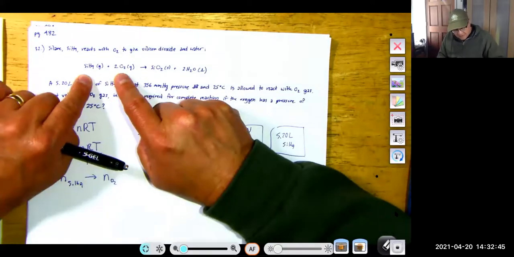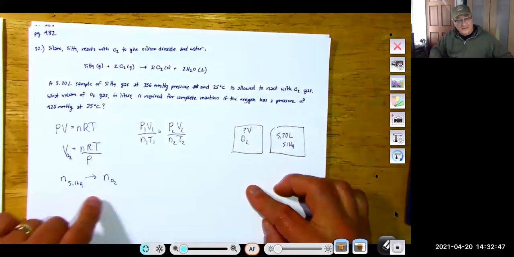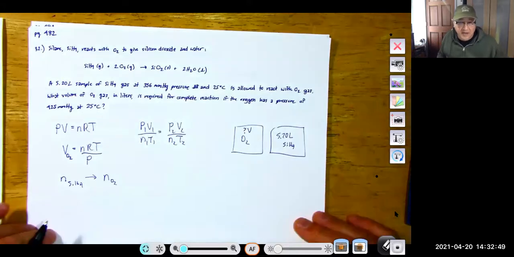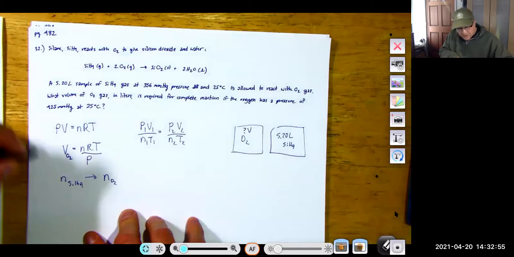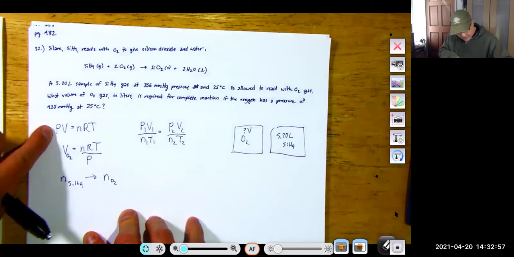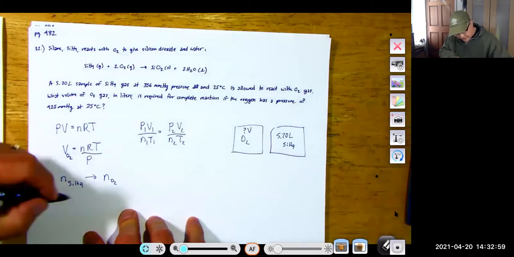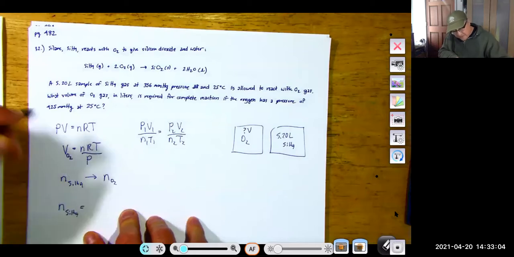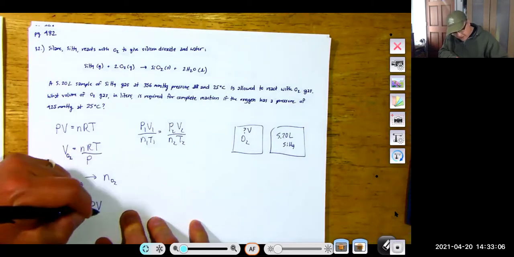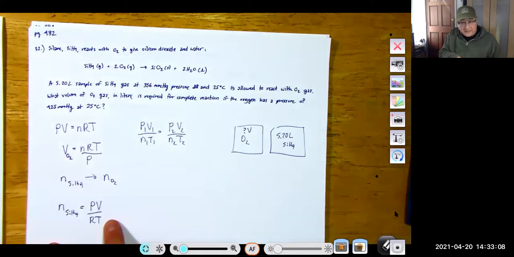So if I can figure out how much silane I have, I can figure out how much O2 I have mole-wise. That brings me to the idea that using the same equation for silane, I can figure out the moles of silane by taking PV over RT for silane.